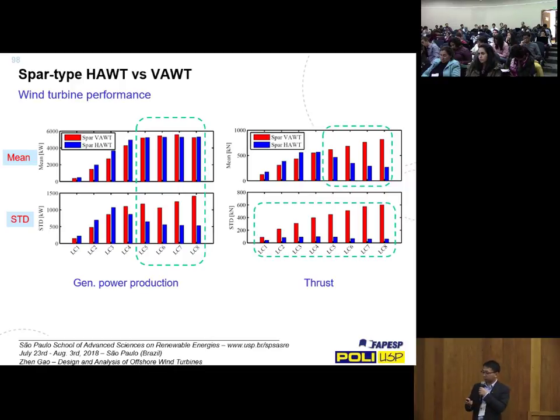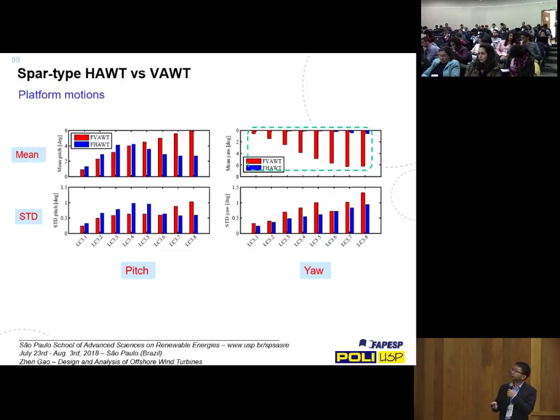And that is also a particular challenge. If we look at the loads, the thrust force, there's even larger variation for the vertical axis wind turbine. But just remember that here we consider a two-blade vertical axis wind turbine. If we increase the number of blades to 3 or 4, then you are able to reduce the variation in the dynamics of the system.